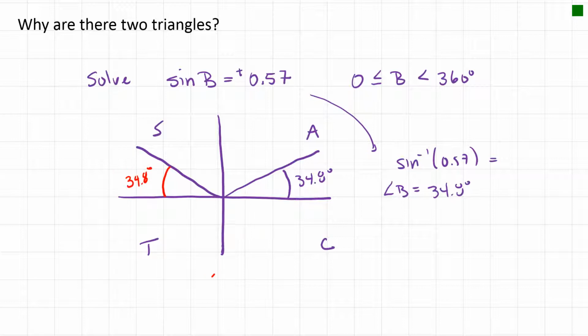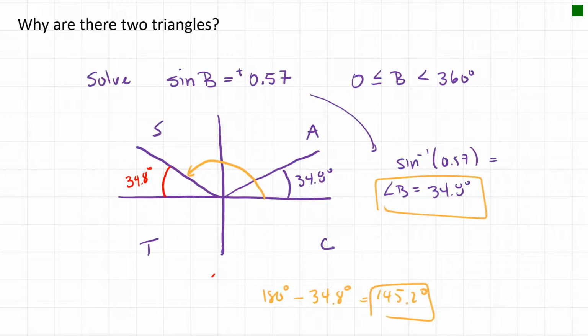So that second option, the answer is actually 180 degrees minus 34.8 degrees, which is 145.2 degrees. So there are actually two solutions to this single sine equation.